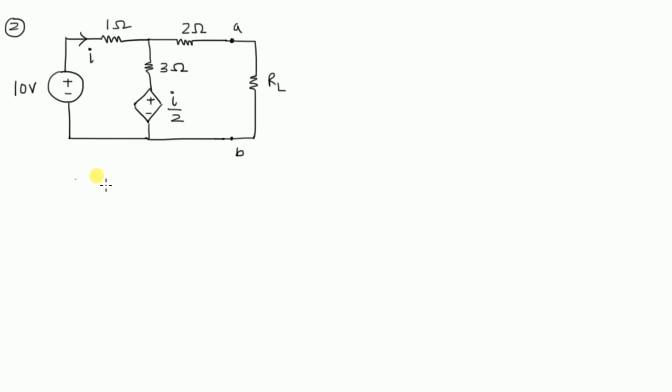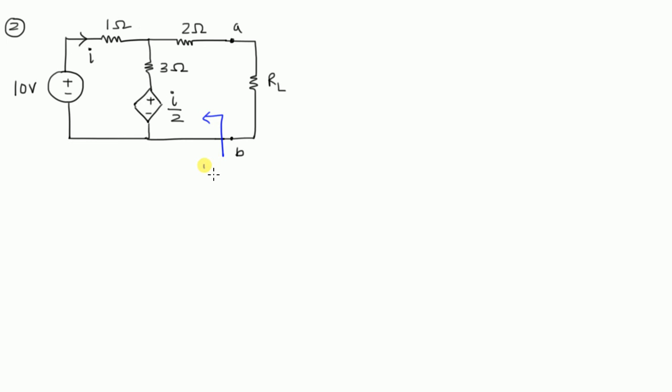Again, for this example we have to find out the value of RL for which power absorbed by RL is maximum, and the maximum power absorbed. Here we have one independent source and one dependent source.